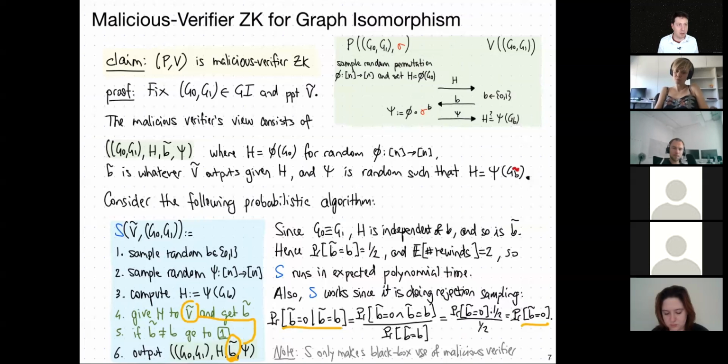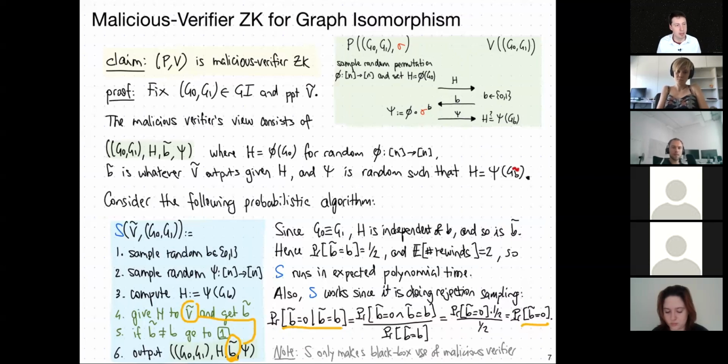It is a way to take an interactive proof and turn it into a non-interactive proof. It has the property that if what you started from was honest verifier zero-knowledge, then after compilation, it is malicious verifier zero-knowledge for free. So there are settings where, even though ultimately we both agree that malicious verifier zero-knowledge is what we want, merely achieving honest verifier zero-knowledge as a stepping stone is a useful goal.